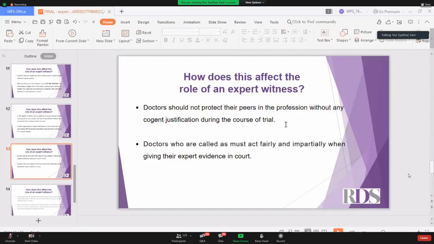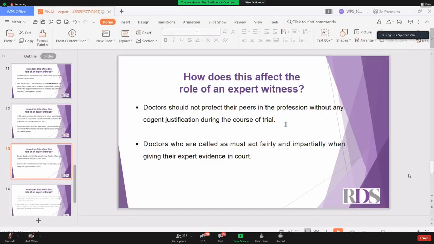So the doctors should not protect their peers in the profession. They should be fair. They should act impartially. You're not putting your peers into trouble, but you're testifying as to whether what this medical professional did in that particular area of medical practice actually conforms with the standard of care expected.